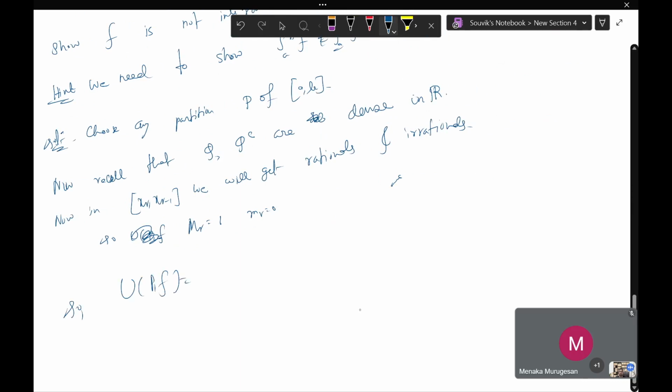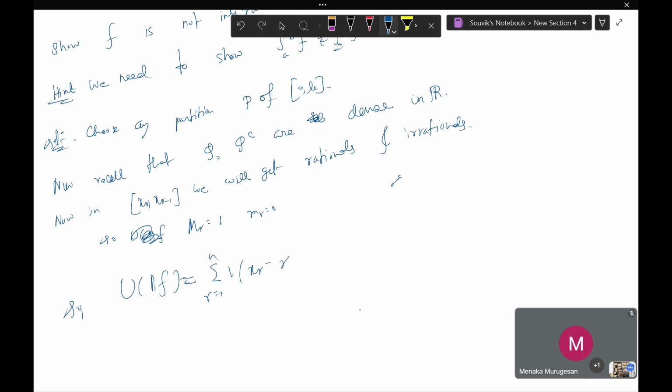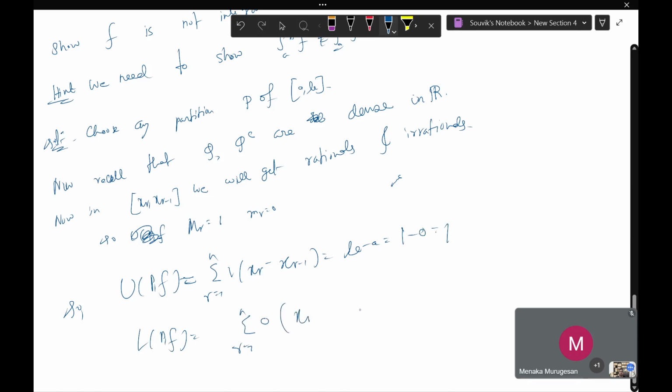So the upper sum will be summation r equal to 1 to n of (x_r minus x_{r-1}). This will be b minus a, which is 1 here. But what about the lower sum? The lower sum is summation r equal to 1 to n of 0 times (x_r minus x_{r-1}), which is 0.